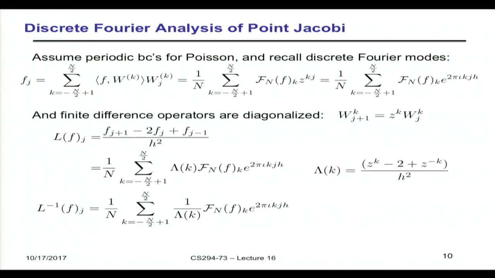Except doing fast Fourier transforms at scale, I think Phil talked about that a little bit, is a challenge, right? It's a lot of communication, they don't scale well. But at least you can actually kind of see what the effect would be, and sometimes even doing this locally can benefit you.